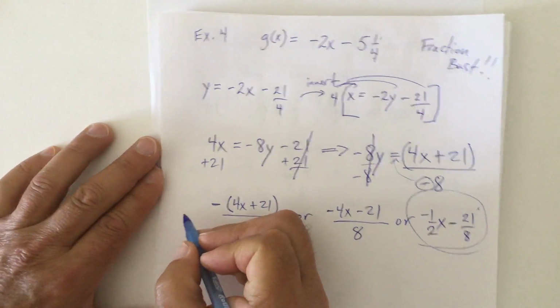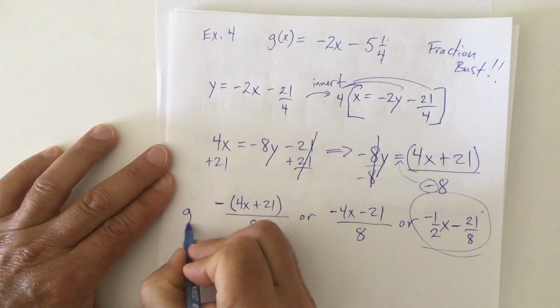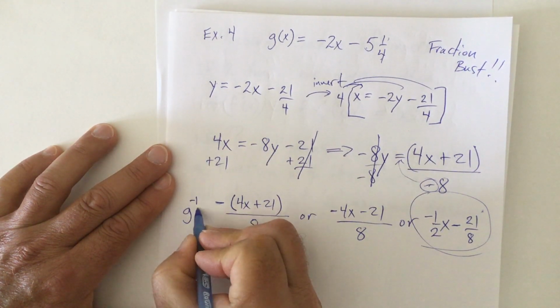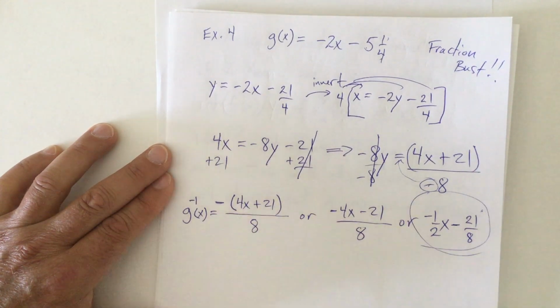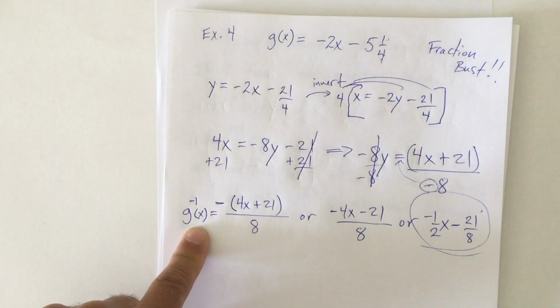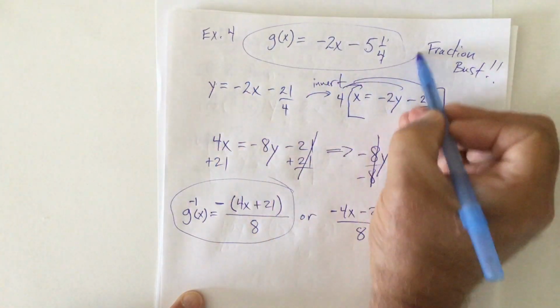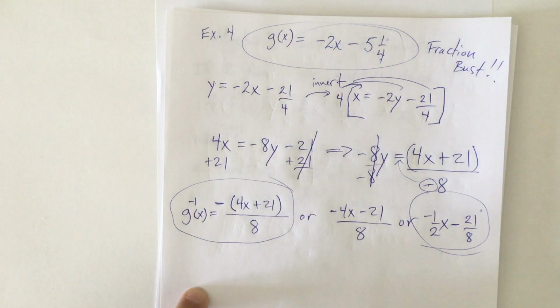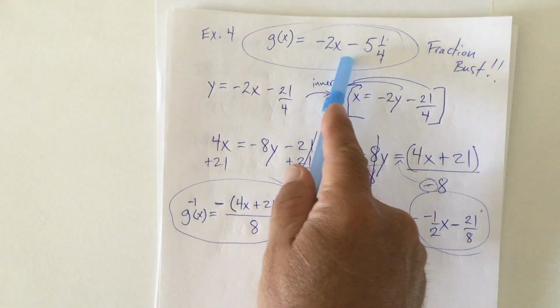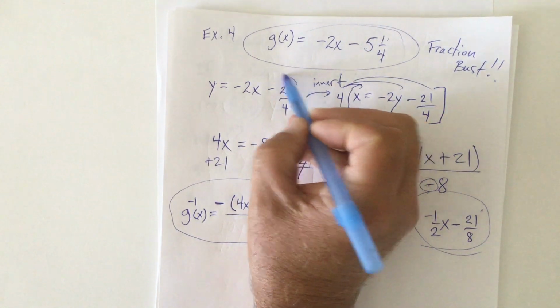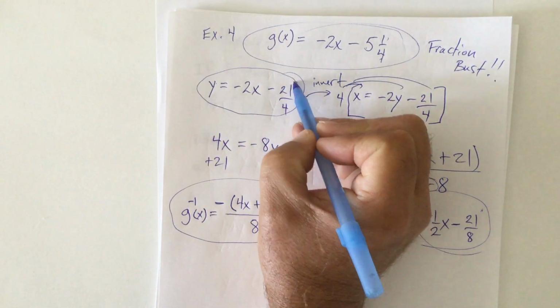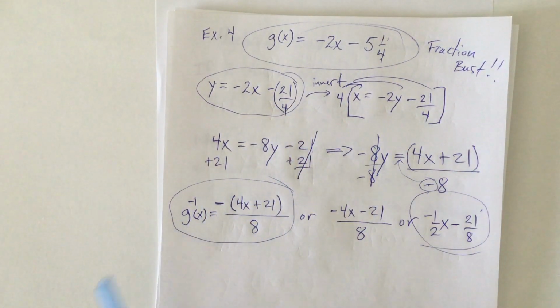It does not say y equals, it says g inverse x. That is a fancy way to say, I am related to this. Okay. But if I'm going to graph this on my calculator, guess what? I'm going to graph it this way as an improper fraction.